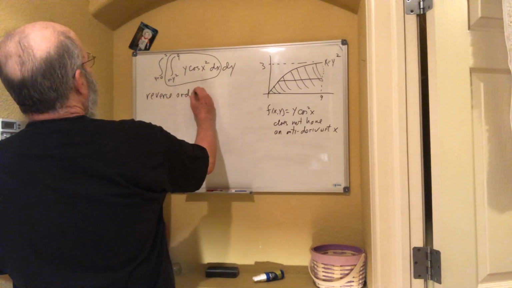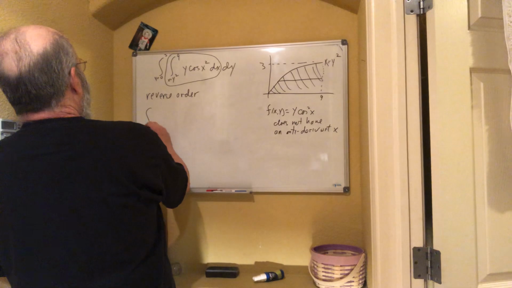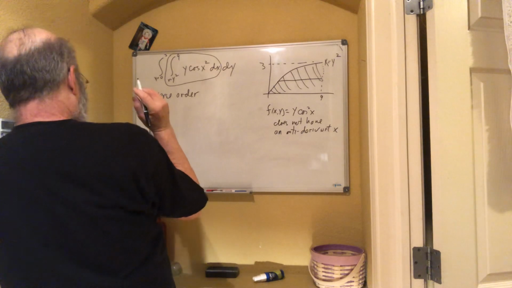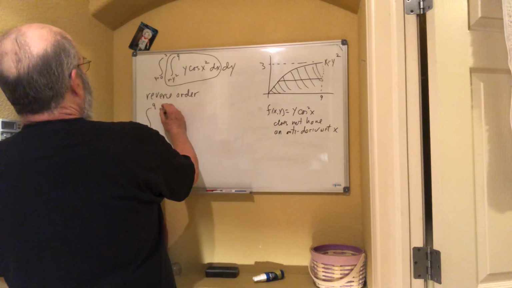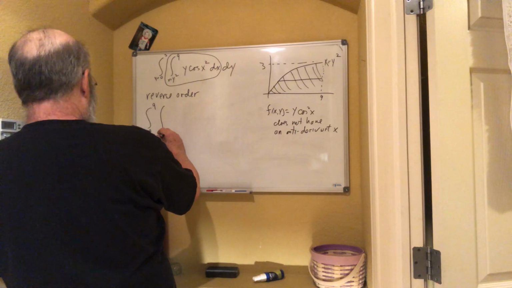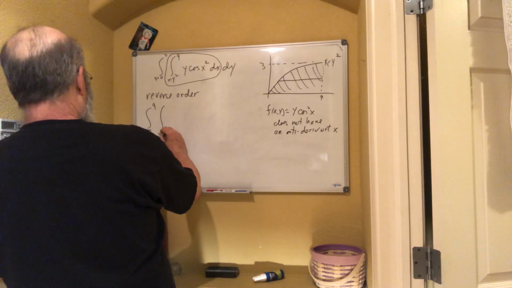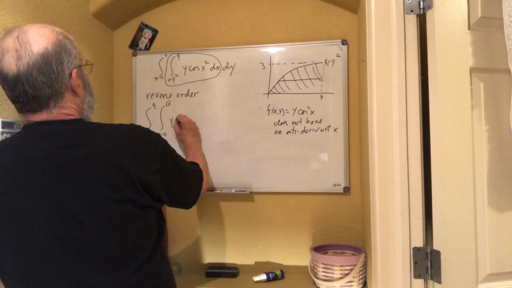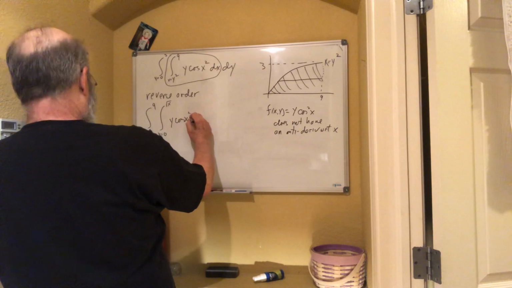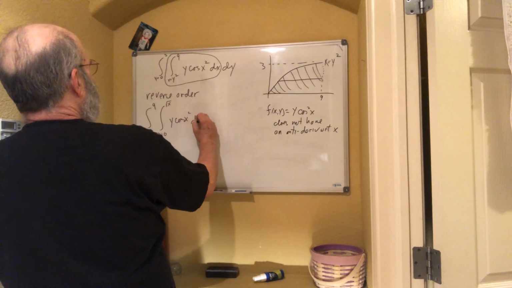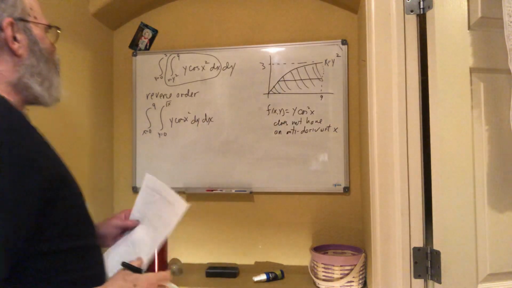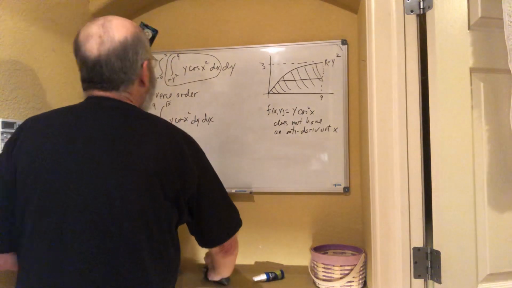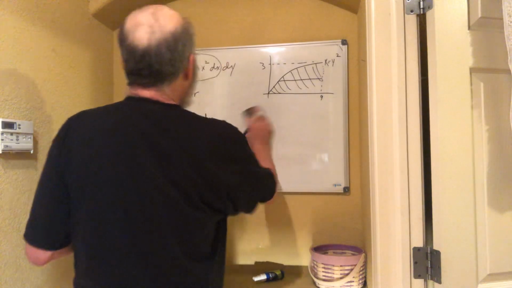I just want to reverse the order, so now my outer integral will be over x from 0 to 9, and then the inner integral will be y running from 0 to root x, and I still have my same function, but I'm setting it up in the opposite order. Now it does have an antiderivative.